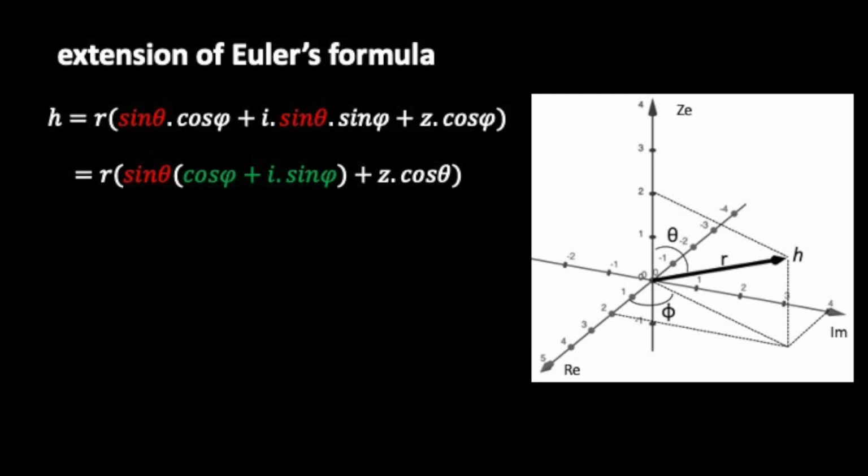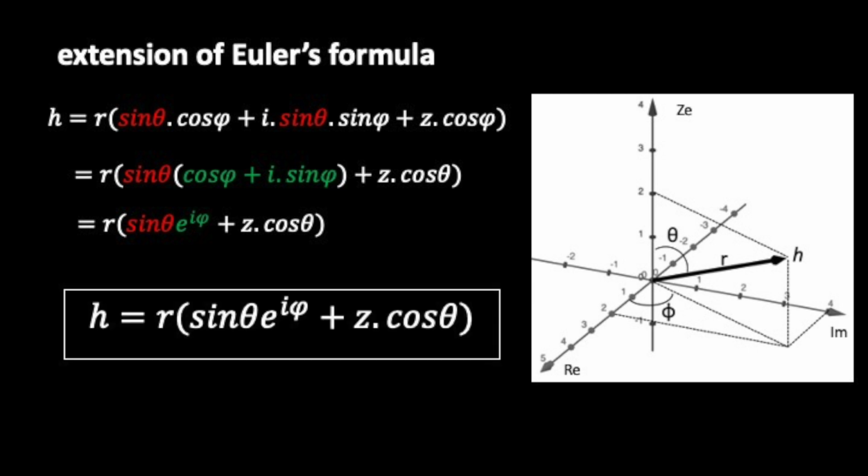According to Euler's formula, this equals the exponential of i phi. So we can rewrite the expression as h is r times (sine theta times the exponential of i phi plus z cosine theta). And this is the extended version of Euler's formula for hypercomplex numbers.